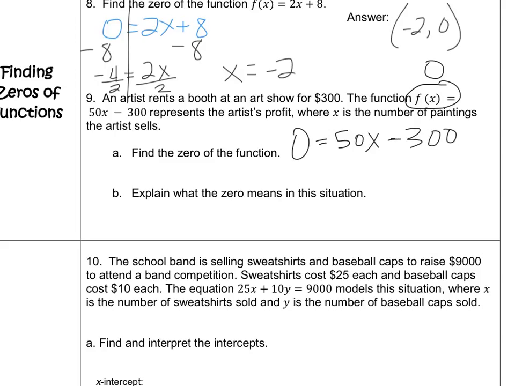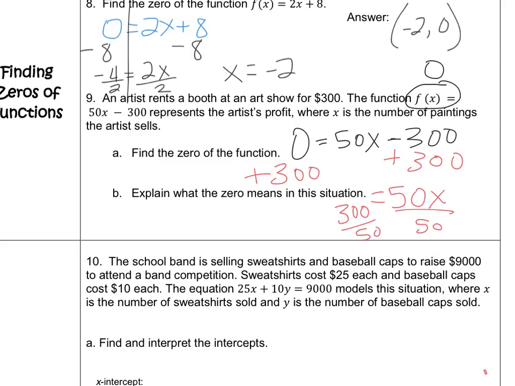And we're just going to solve it for x. So we'll do plus 300 on both sides. And we've got 50x equals 300. Divide both sides by 50. And our 0 is x equals 6.